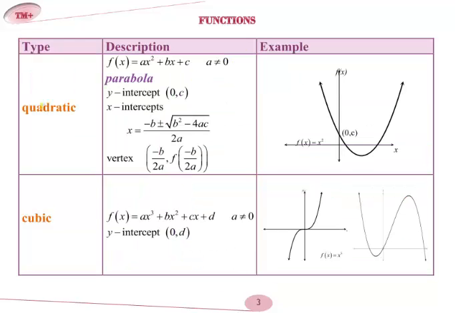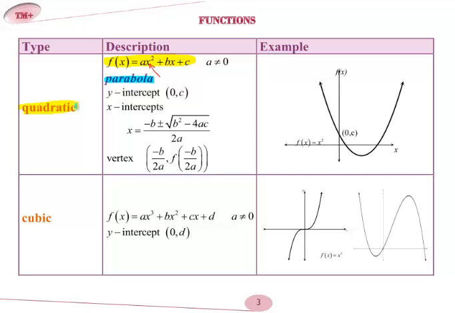Now let's look at a quadratic. We looked at quadratics in our quad module. The basic form of a quadratic is f(x) = ax² + bx + c. The highest power of x is 2, the x term is squared, so that means it's a quadratic. The graph forms what we call a parabola.